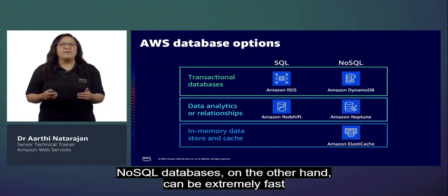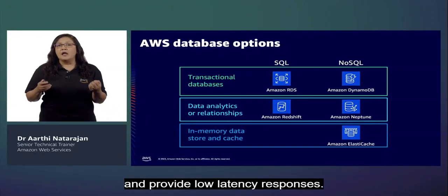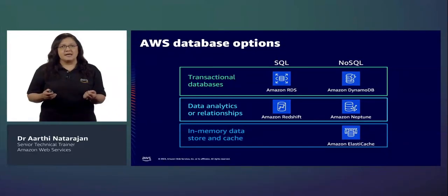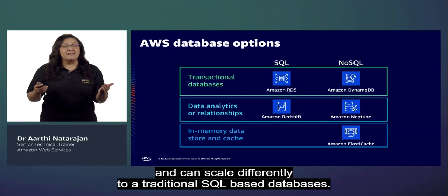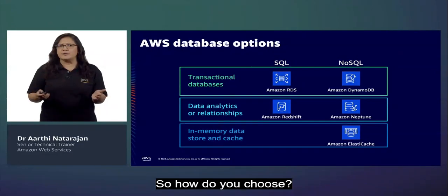NoSQL databases, on the other hand, can be extremely fast and provide low latency responses. They support flexible, ad hoc data structures and can scale differently to traditional SQL-based databases. So how do you choose?